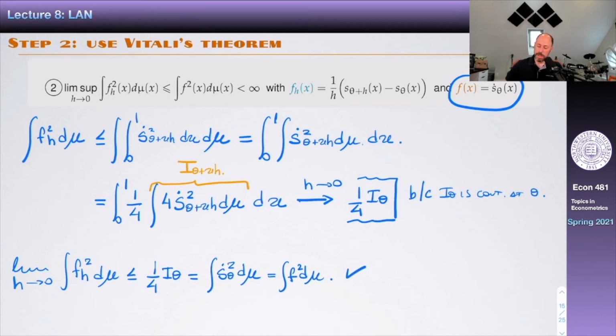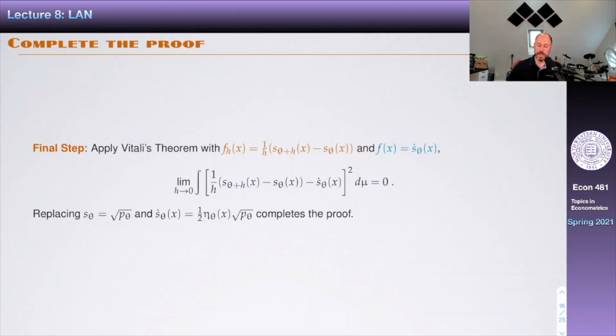And so this is the second condition in Vitali's theorem, and we can invoke Vitali's theorem to reach the conclusion of the proof, which says if you apply Vitali's theorem with this choice of f_h and this choice of f, you have this result. The limit of the difference of these two squared is 0, okay?